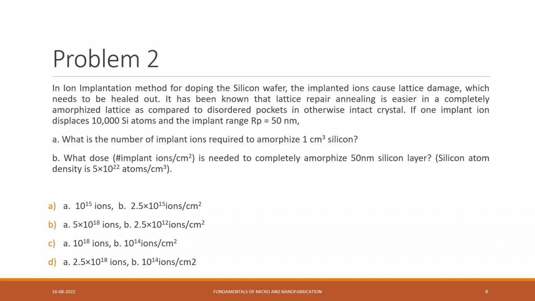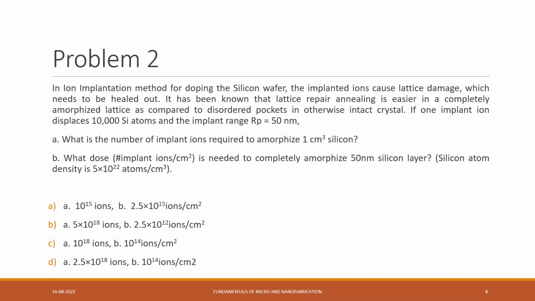So it's essentially to tell the required ions that are needed to amorphize 1 centimeter cube of silicon, and the number of atoms one ion displaces is given. You can try. I think you need a calculator maybe.